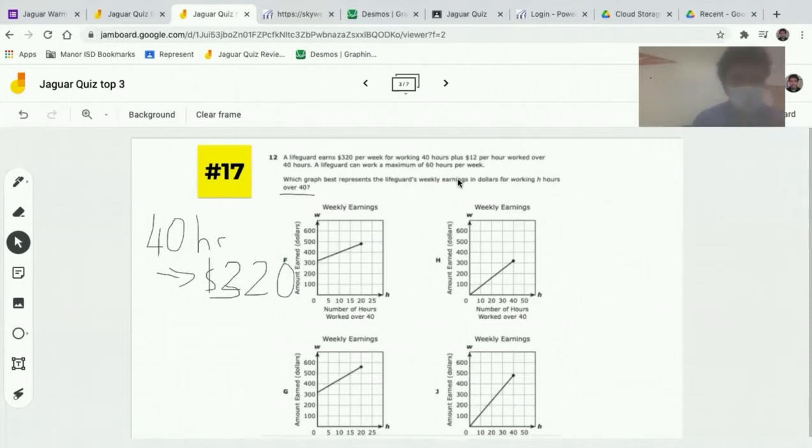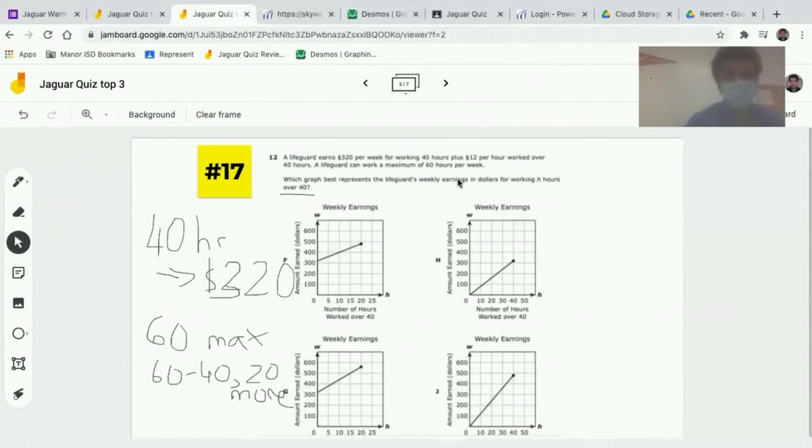And then he can work up to 60. So that means he could work 20 more. So 60 maximum. So 60 minus 40 equals 20. So he or she can work 20 more hours. So we're starting, the question says, which graph best represents the lifeguard's weekly earnings in dollars for working H over 40?